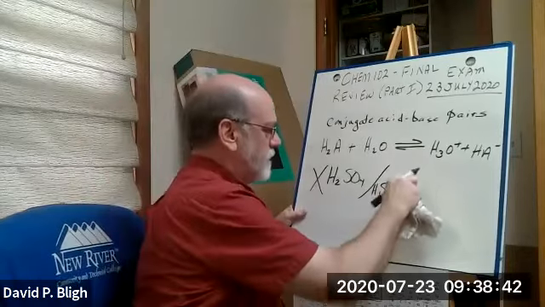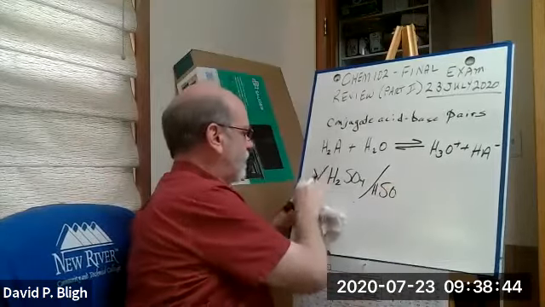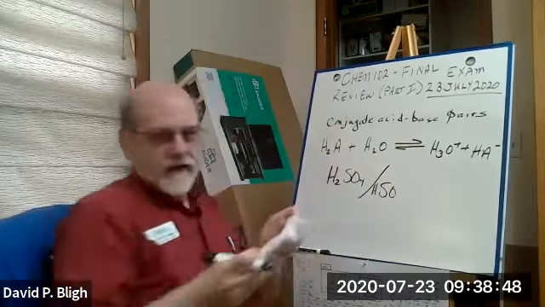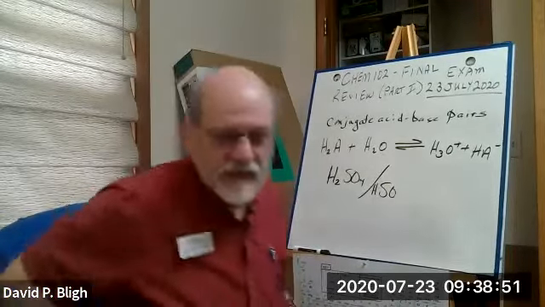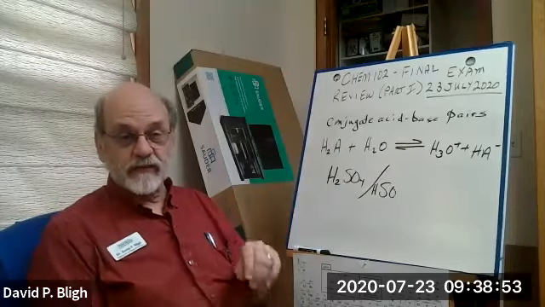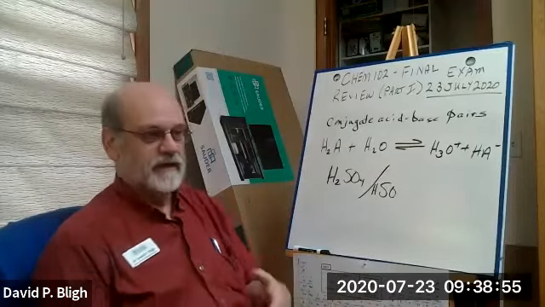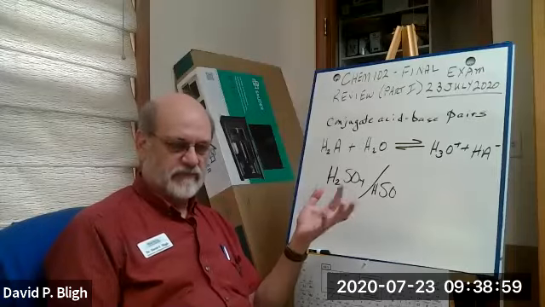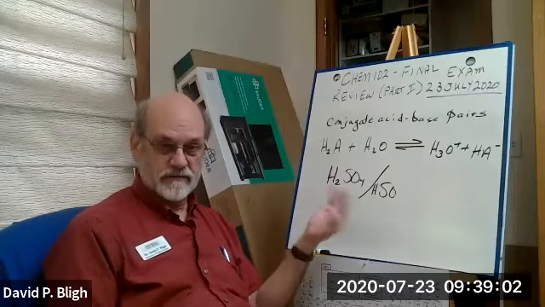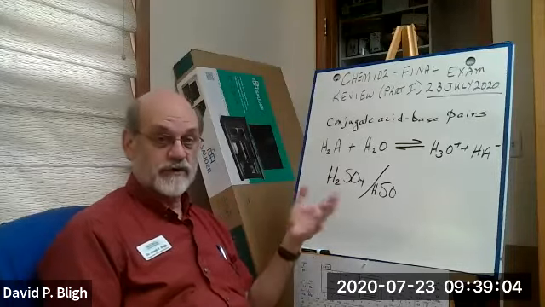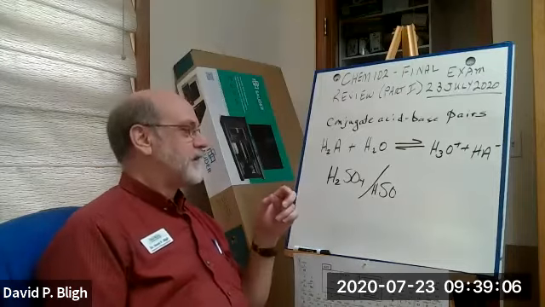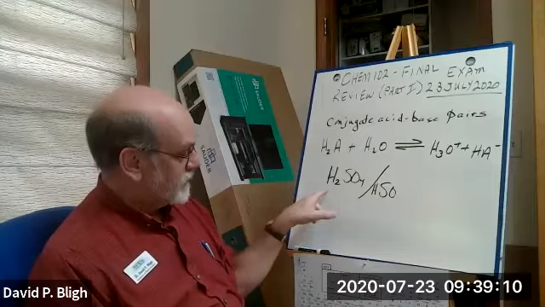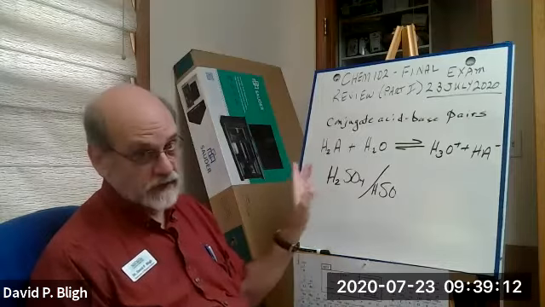Now, suppose the American Chemical Society test from which I derived your final, the developers of the test were sneaky. And they said, okay, we're going to leave it like that. 1 proton's lost.